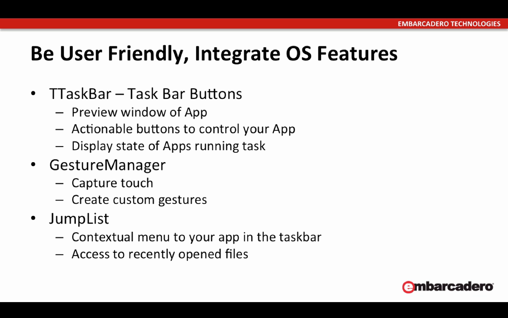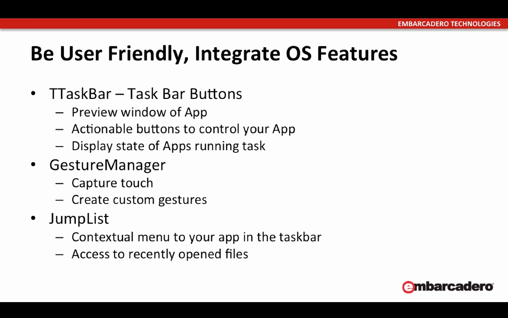We're going to begin today by analyzing the Taskbar component. The taskbar button presents the user with a preview of your app's window. This preview opens up when the user hovers their cursor over the application icon in the taskbar. The preview window also has buttons which can be hooked into your application. So for example, if you have a music app, it would display a play, pause, or stop button.